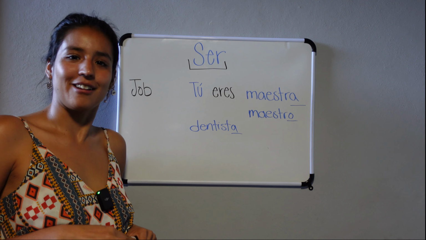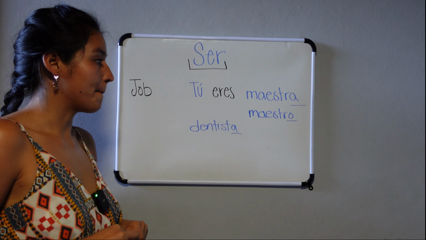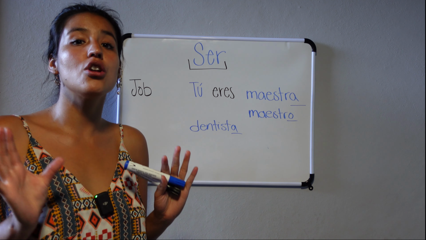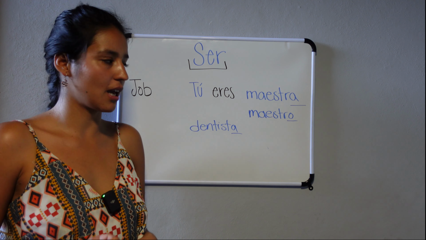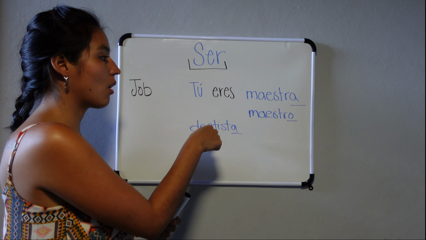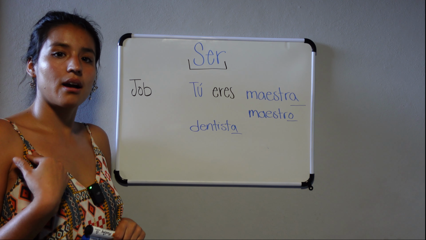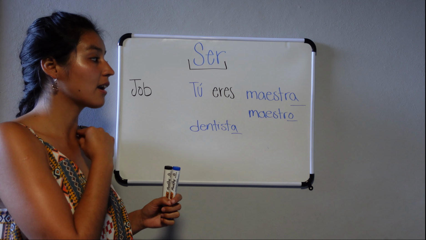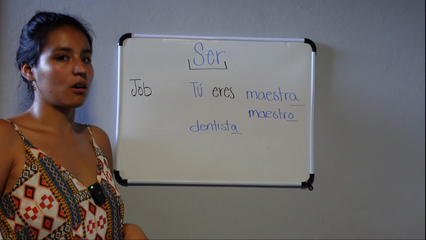No, that doesn't exist. So mostly all of them have a feminine and masculine version, but not all of them. Okay, and this is about jobs. Remember, this is you are, but you can say I am, you are, she is, with all the pronouns and conjugations we already checked, and the occupations.